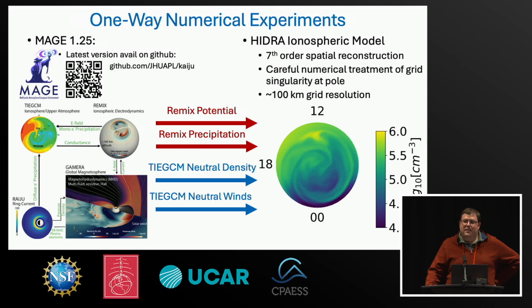So that's the way I think about this: 1,000 to 3,000 kilometers is a planetary scale structure, like a tongue of ionization. And something that's 100 to 1,000 kilometers is a mesoscale structure that is resolved within the simulations we're doing. And anything below 100 kilometers is a subgrid structure that cannot be resolved in simulations like what I'm showing you.